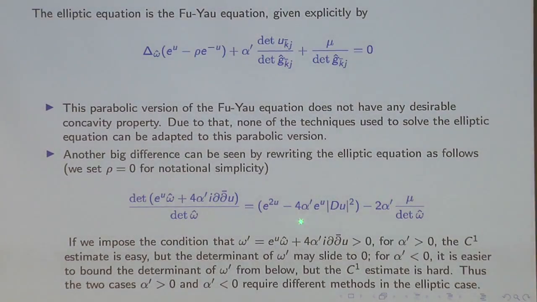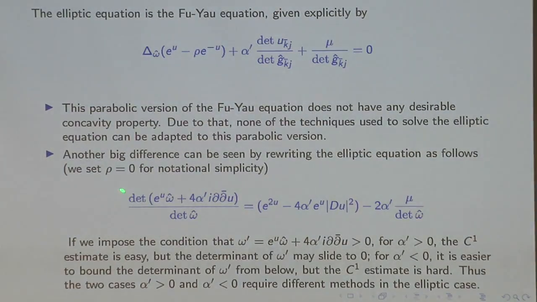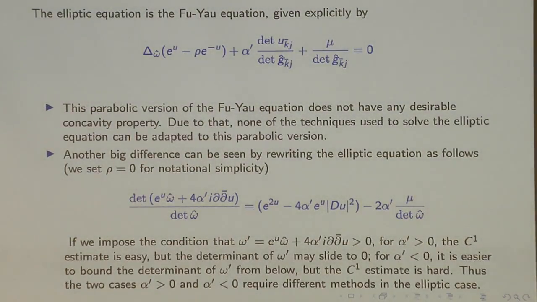And now you can see why things are different, because suppose that we impose the plurisubharmonicity condition that this is positive, then you see that if alpha prime is positive, then you can control the du squared easily, because this whole thing is positive, so therefore this cannot be that big.